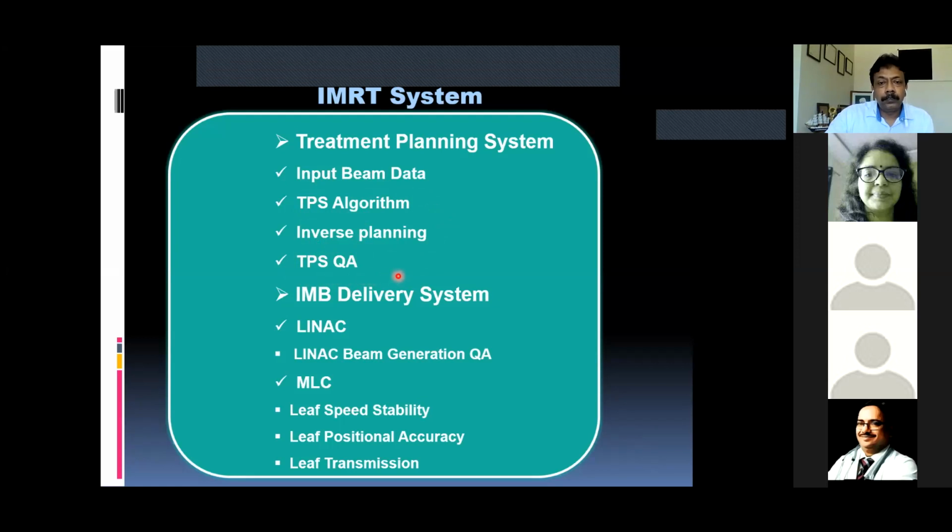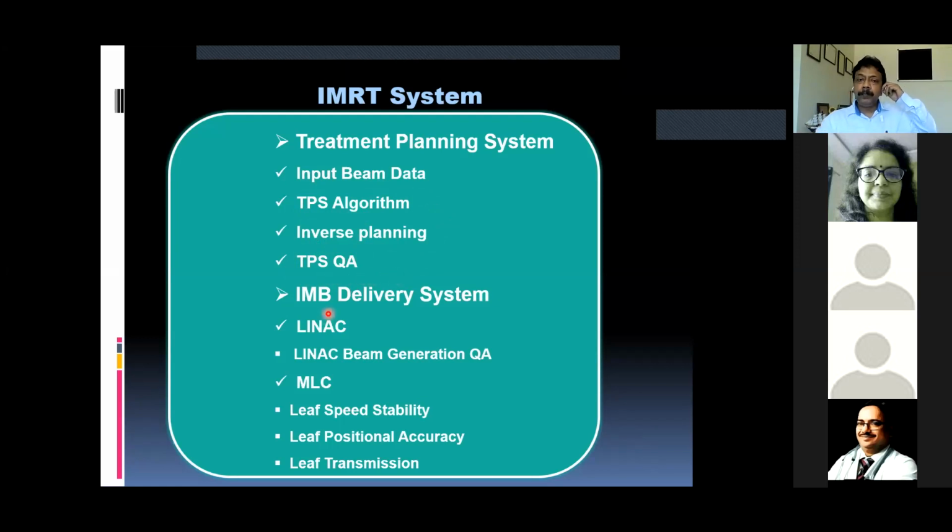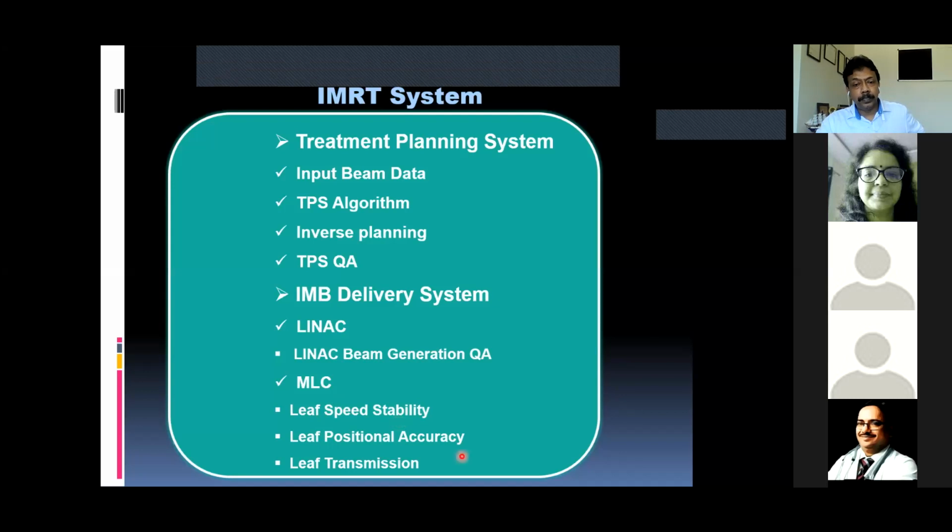The second one is the intensity modulated beam delivery system. It has two components, one is the LINAC and the other is the multi-leaf collimator. The LINAC is already quality assured, and for the MLC, you have to check the leaf speed stability, the leaf positional accuracy, and leaf transmission.